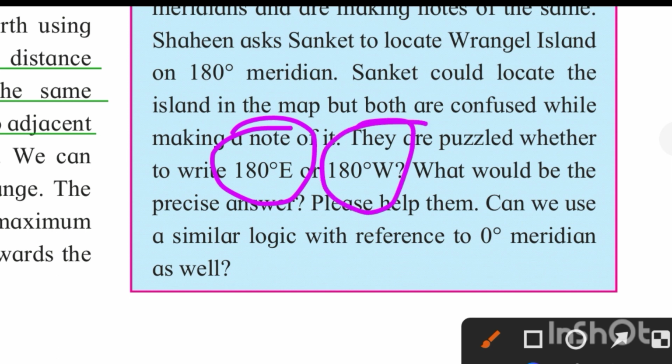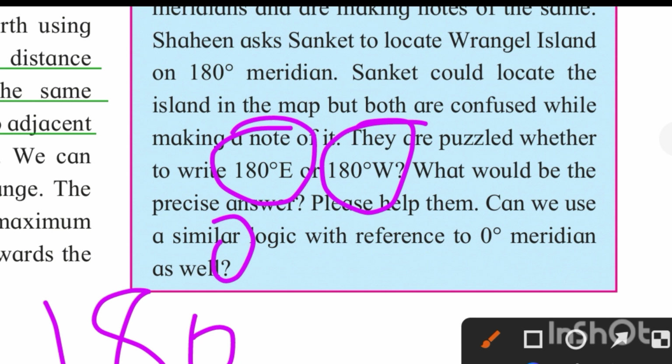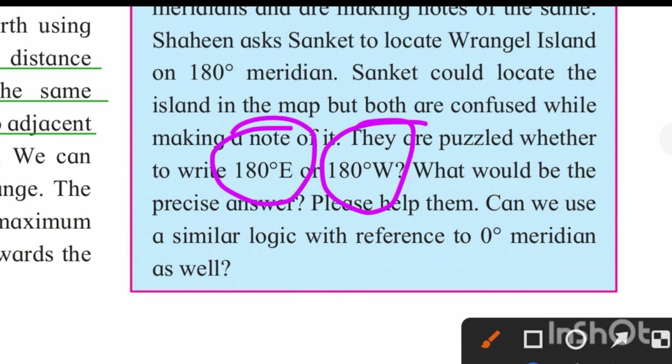Like I told you, it becomes so small that it is a dot, and that's the reason it's not included. Whenever we say meridians, we say 179, but the 180 degree meridian does exist. So the answer will be 180 degree meridian.